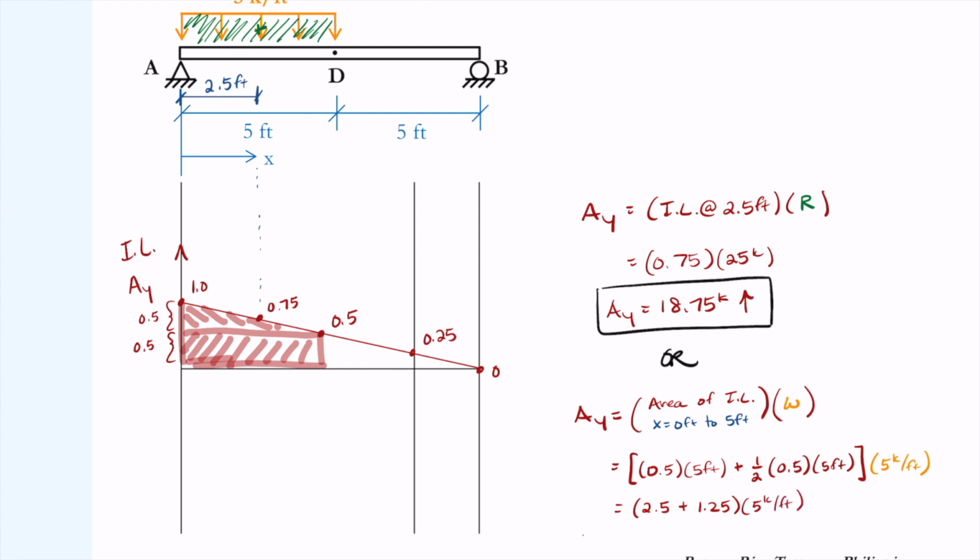Typing this in our calculator, we see that AY is now 18.75 kips. Same answer as before, so we're expecting the same answer. Either way, both of these methods will get you to the same answer for AY.